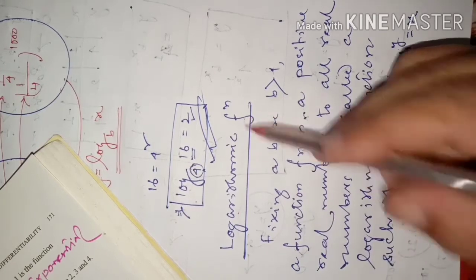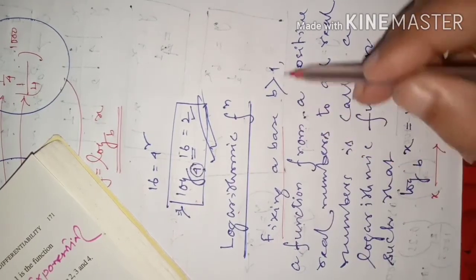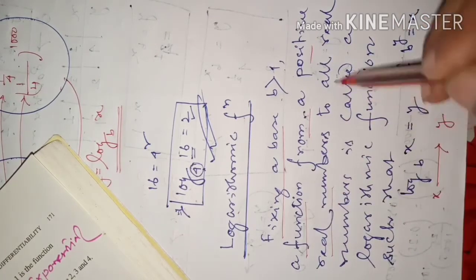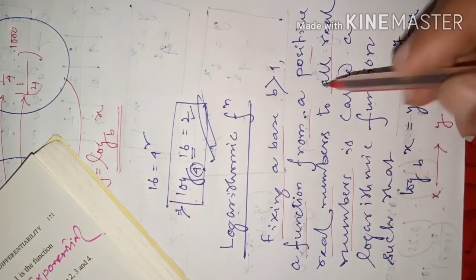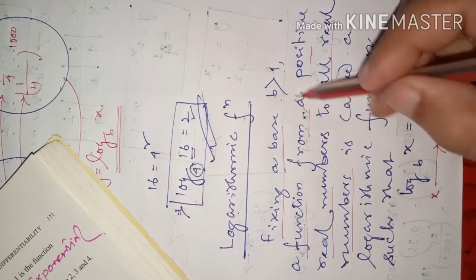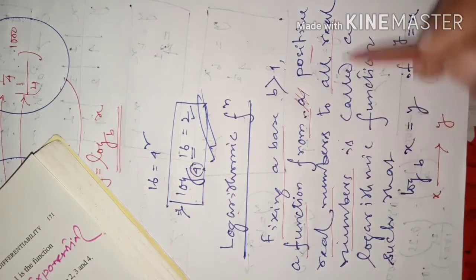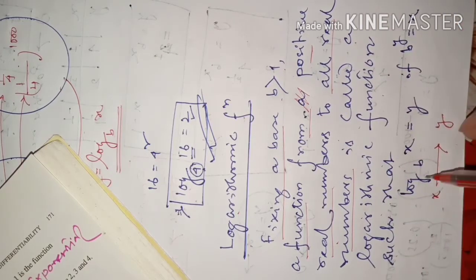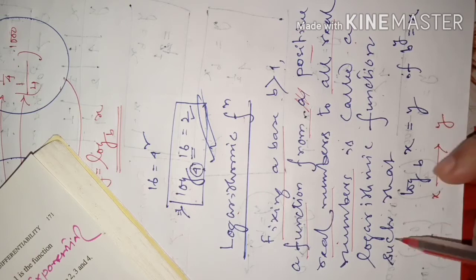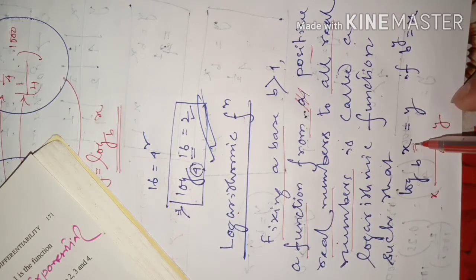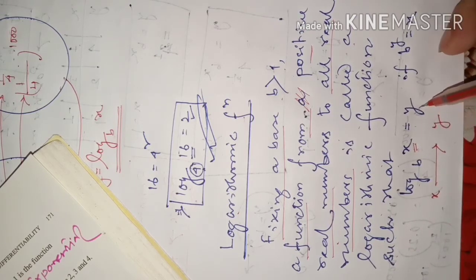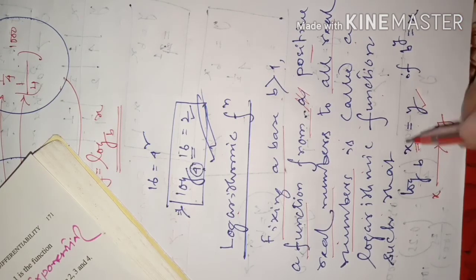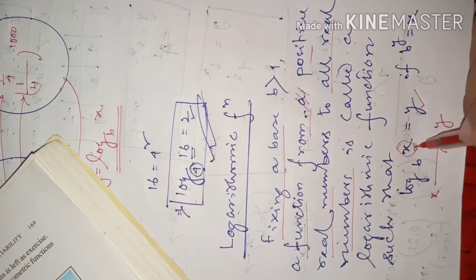Logarithmic function: fixing a base b greater than 1, a function from positive real numbers to all real numbers is called a logarithmic function, such that the logarithm of that real number is equal to another real number, where this real number is a positive real number.